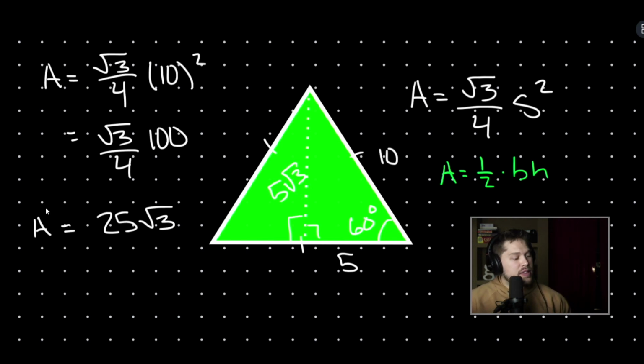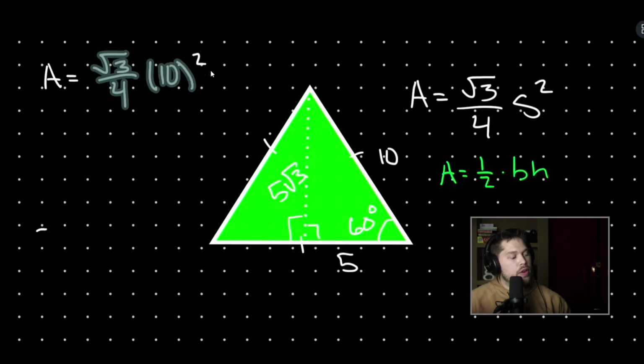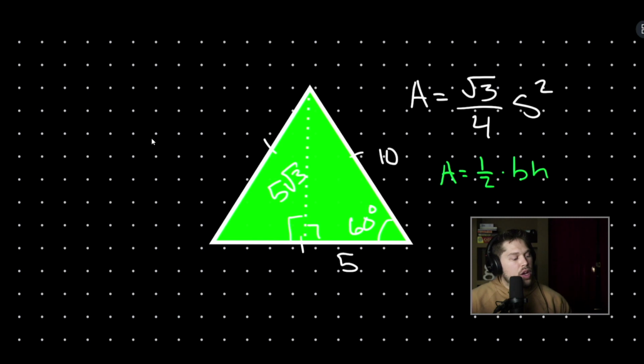Now, so let's clean up. So we found our area already to be 25 times the square root of 3. Let's verify that with this other area formula. So we have area equals 1/2 times base times height.